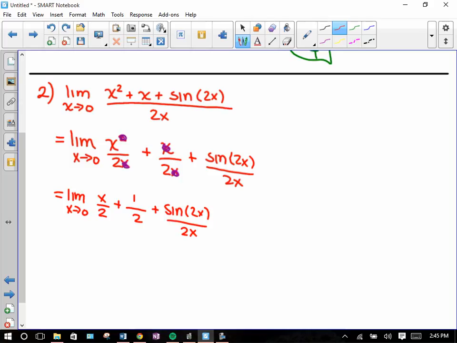The limit as x approaches 0 for x over 2 would just be 0. The limit as x approaches 0 for 1/2 is just 1/2. And the limit of sine of 2x over 2x as x approaches 0 is equal to 1. So I am given 1/2 plus 1, which is 1.5 or 3/2.